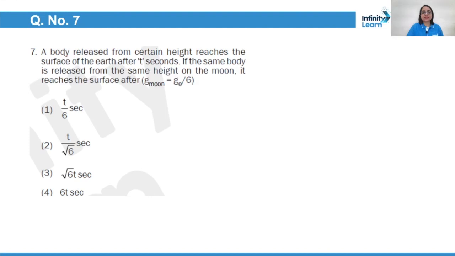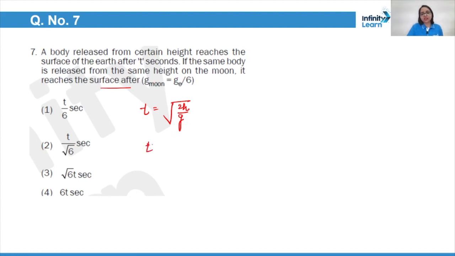Question number 7. A body released from certain height reaches the surface of the earth after t seconds. So you can find t as under root 2h by g. Right? If the same body is released from the same height on the moon, it reaches the surface after, where acceleration due to gravity on the moon is g by 6, where g is the acceleration due to gravity on the surface of the earth.